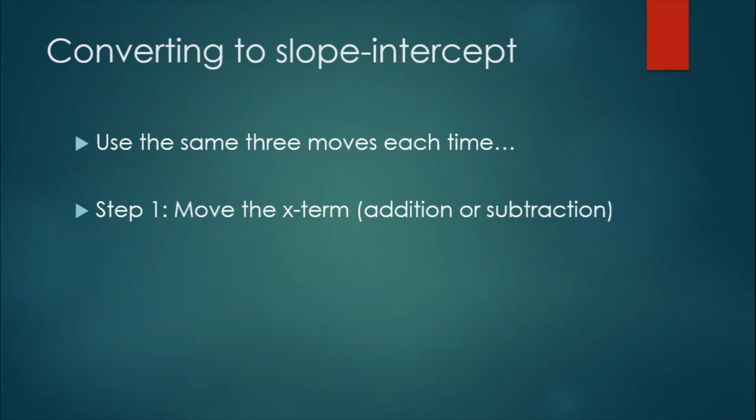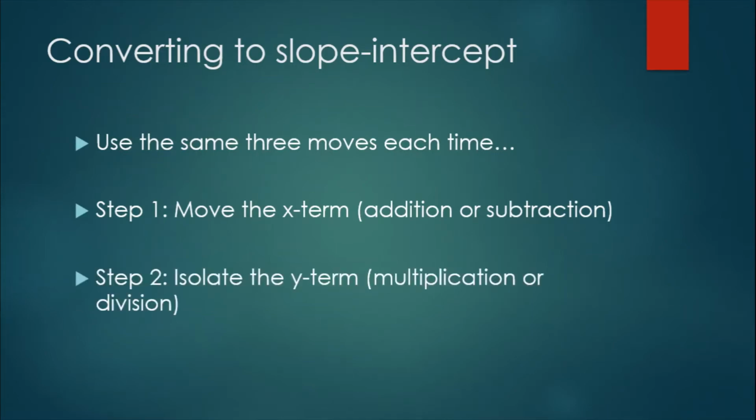Okay, so step one is to move the x terms. We're going to have a 3x or a -2x or a 1/2 x or whatever it happens to be, and we want to move that away from the y. We are going to use addition or subtraction to do that. Step two is we want to isolate the y term.